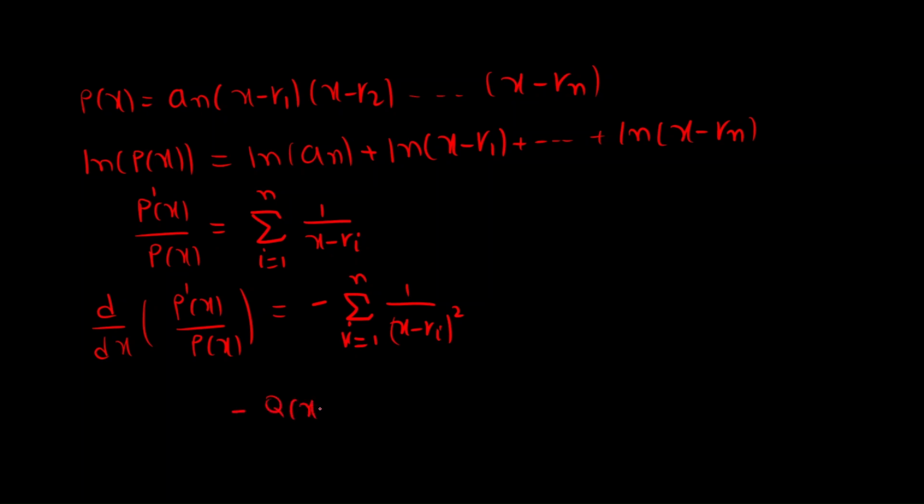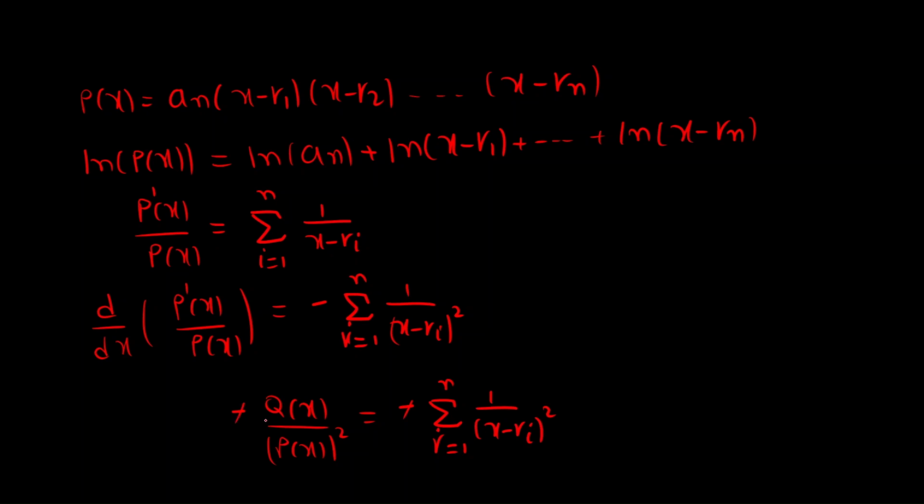Minus q of x by p of x whole square is equal to minus summation i equal to 1 to n of 1 by (x minus Ra) whole square.